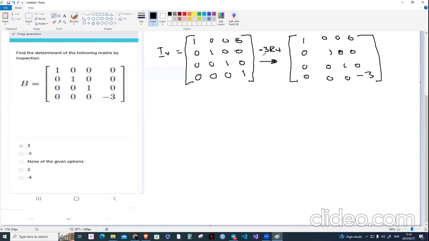We did one row operation on the elements of this I, so it's called an elementary matrix. Now, if you have an elementary matrix, there are 2 row operations on elementary matrices that change the determinant of an identity matrix, because we know the determinant of this matrix.